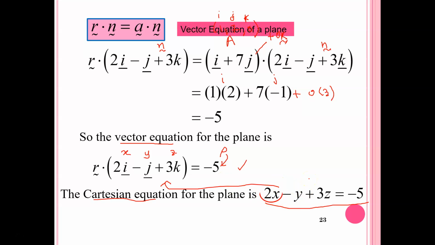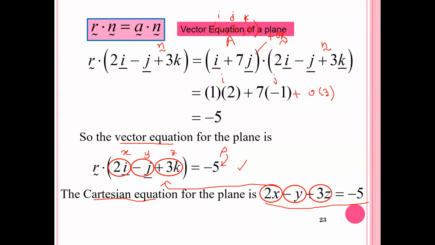Compare: the 2 goes here as 2x, and the negative y goes here, because there is negative 1j. The 3 goes here. It's just that you don't write using i, j, and k, because i, j, and k are vectors. You want to write it in equation form, so it has x, y, and z.